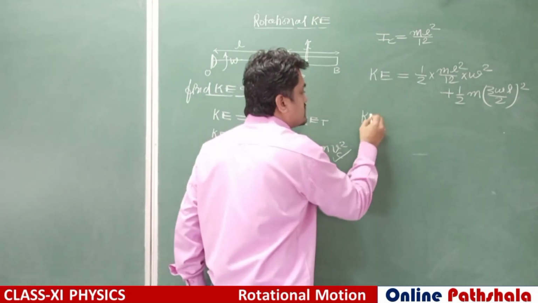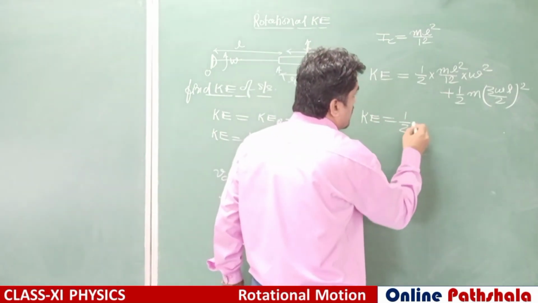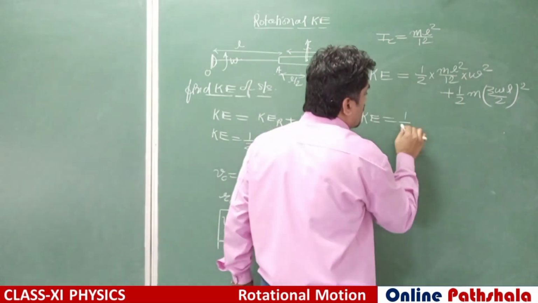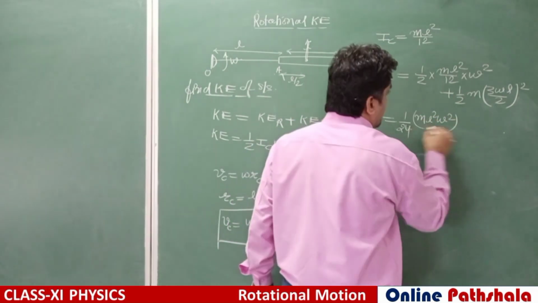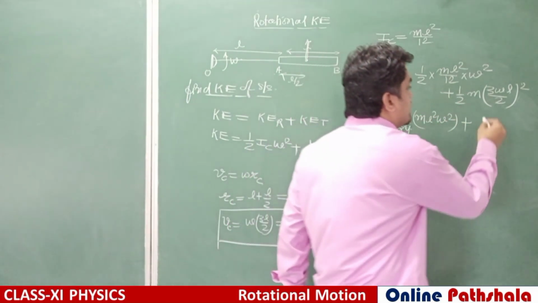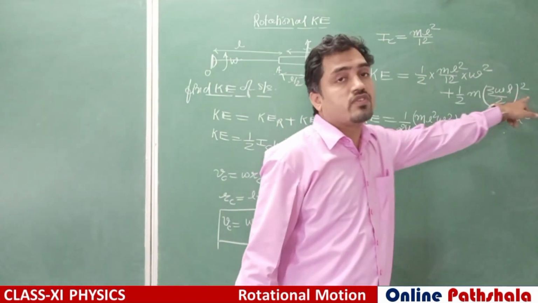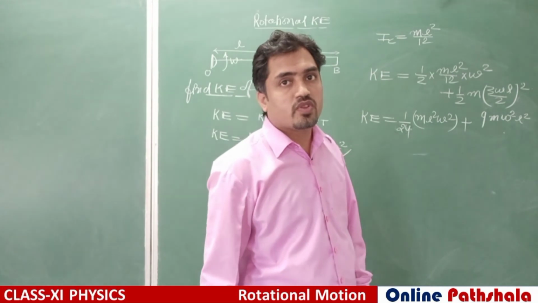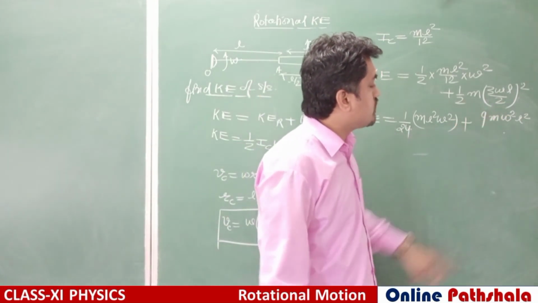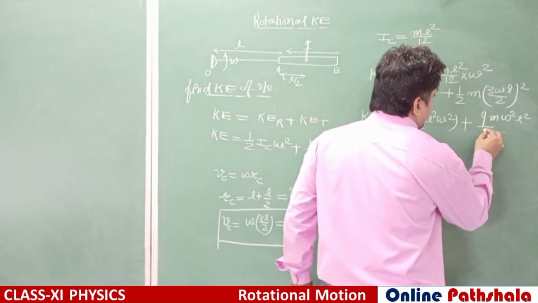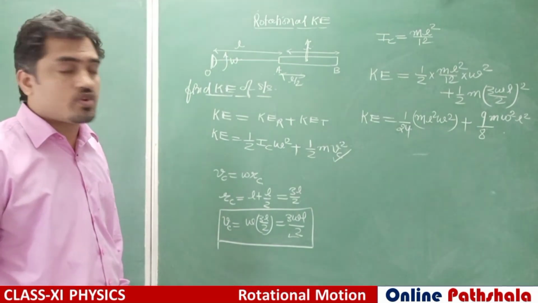So the kinetic energy is equal to 1 by 24 m L square omega square plus 9 m omega square L square, since 3 square becomes 9, over 2 into 4, which is 8.